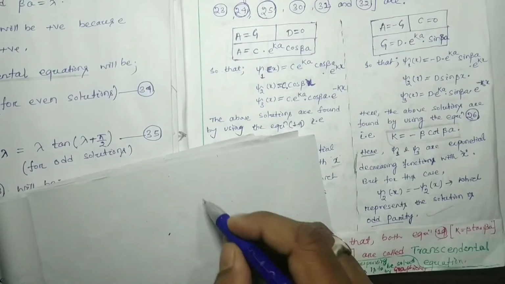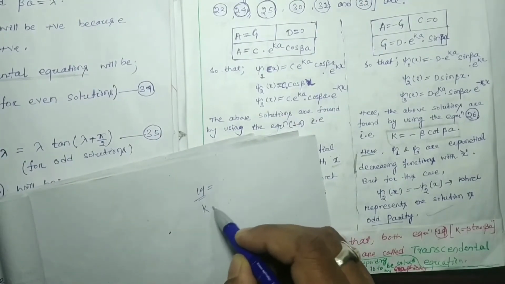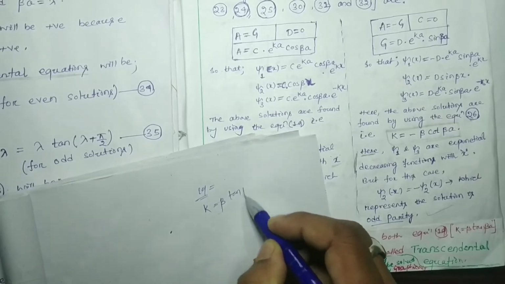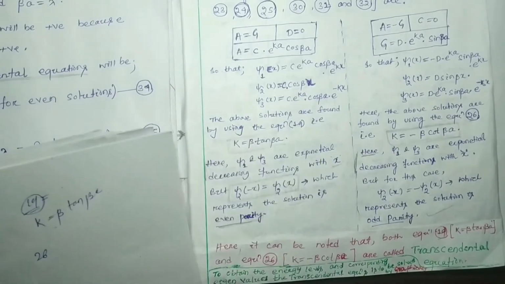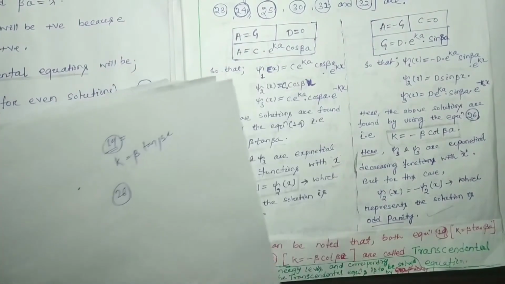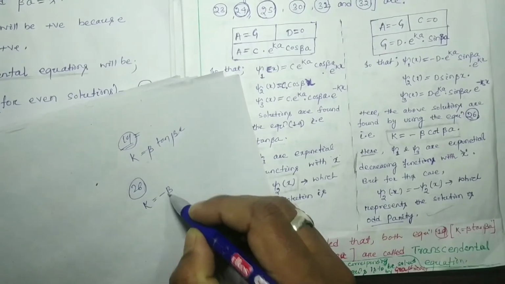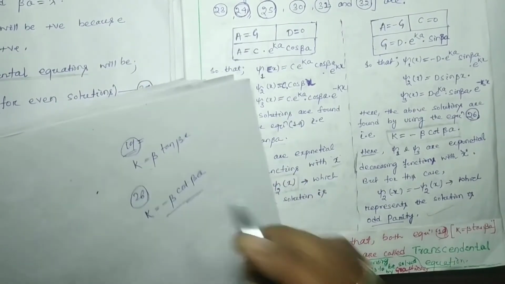Equation 19 is k equals beta tan beta a, and equation number 26 is k equals minus beta cot beta a.